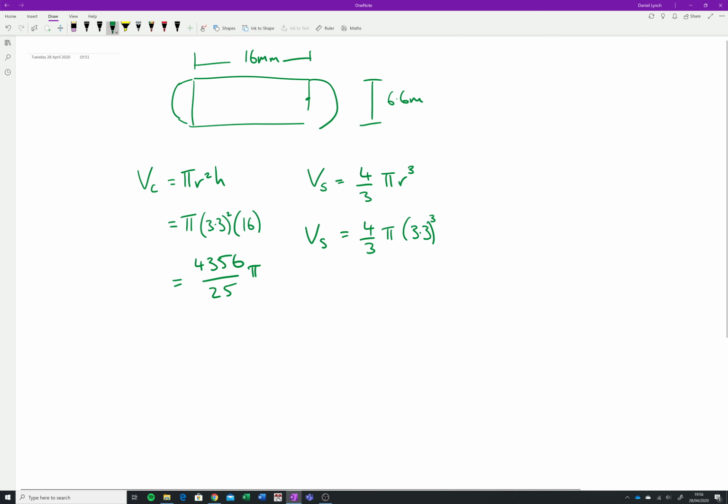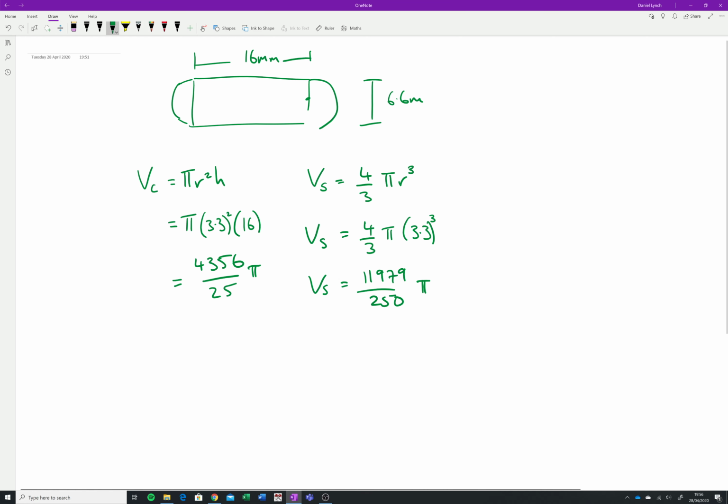So let's do that. 3.3 to the power of 3, times 4 divided by 3. What I'm getting is the beautiful number 11979 over 250 pi. So we just need to add those two numbers together in order to get our answer.